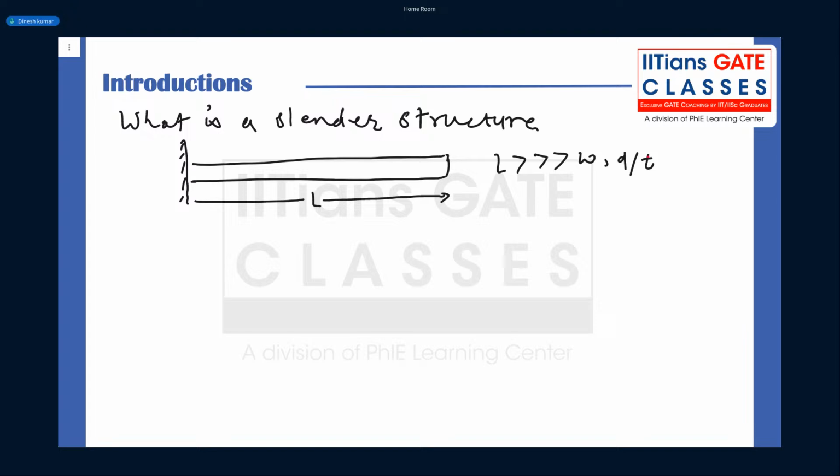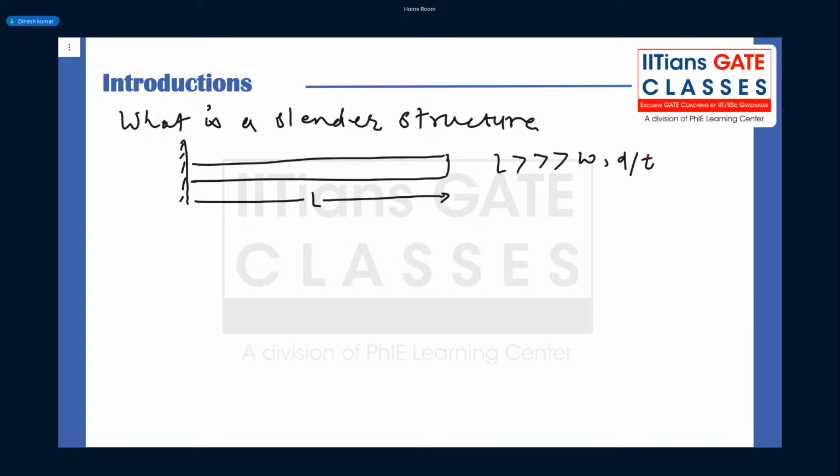So it is known as a slender structure, and this would be a prismatic structure. What is a prismatic structure? Can anyone tell? A slender structure is not a tapered shape.